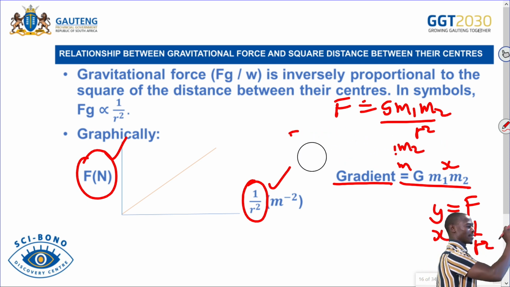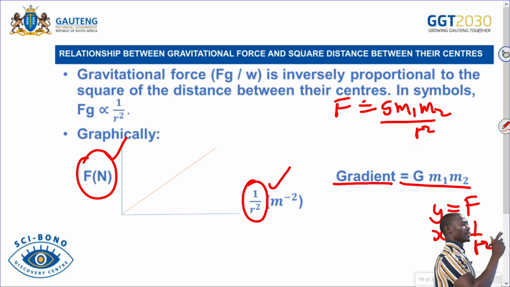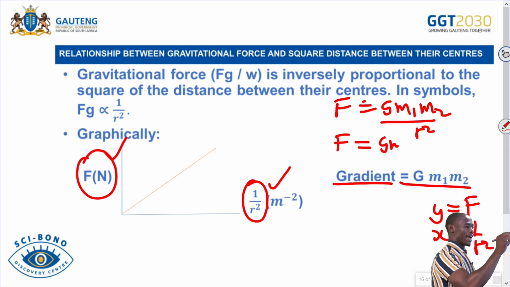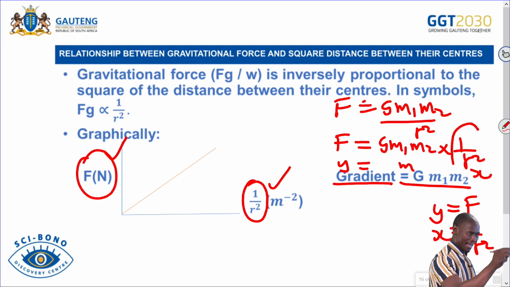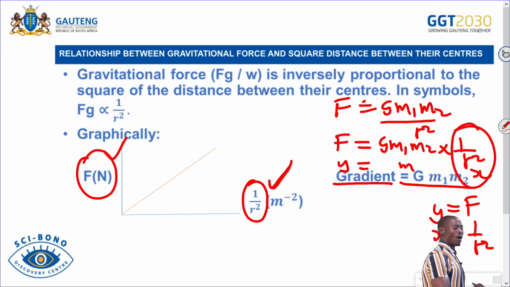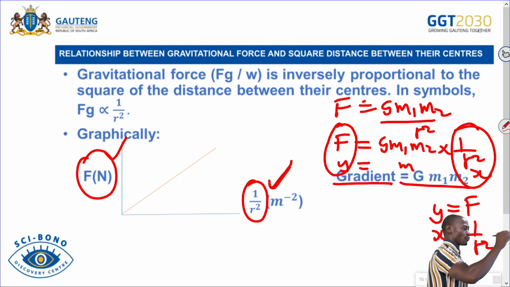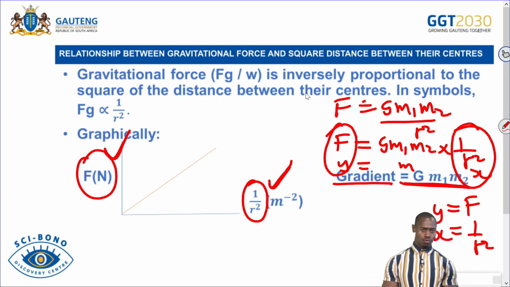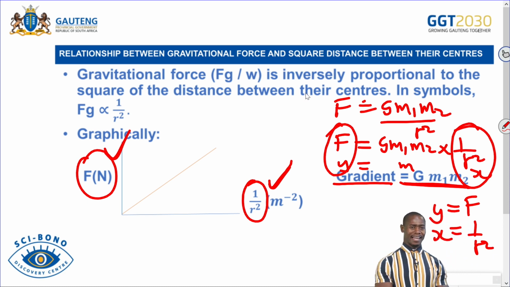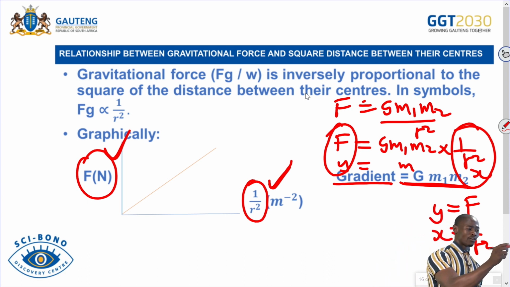My x here: F equals G m1 m2 times 1 over r squared. Y equals mx. My x should be 1 over r squared, my y should be F. So the gradient represents G m1 m2.